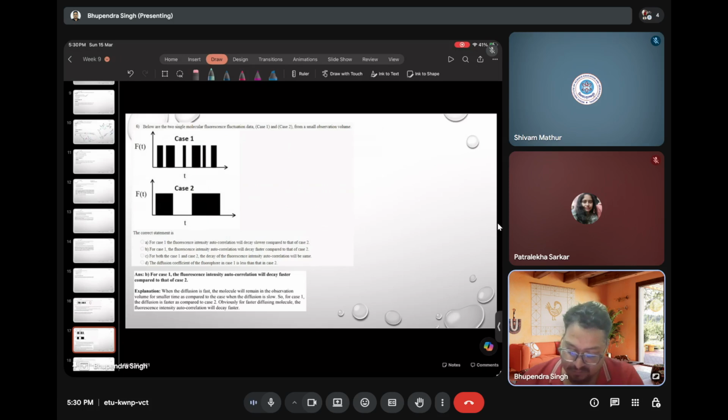D, the diffusion coefficient of the fluorophore in case 1 is less than in case 2. Diffusion coefficient. Well.